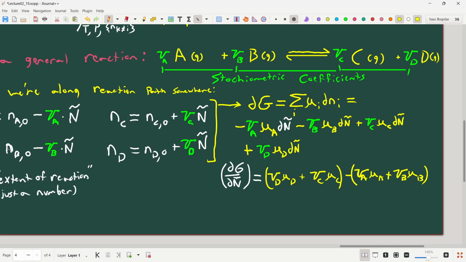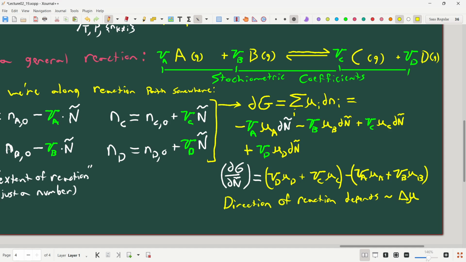So what this means is that the direction of reaction depends roughly on the difference in the chemical potentials between the products and the reactants. In order to approach equilibrium, we want the slope of Gibbs to be negative. We want to go lower in energy as much as possible.